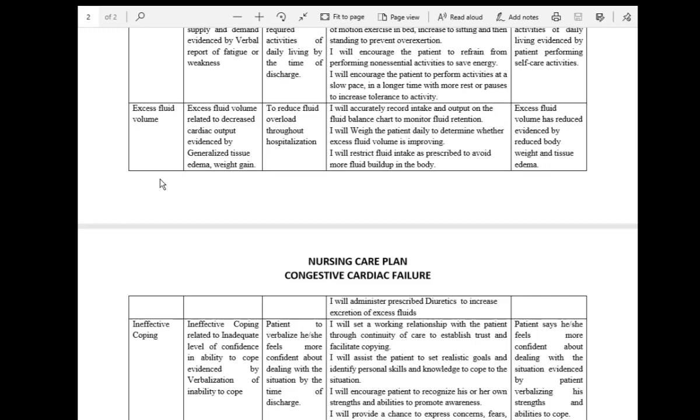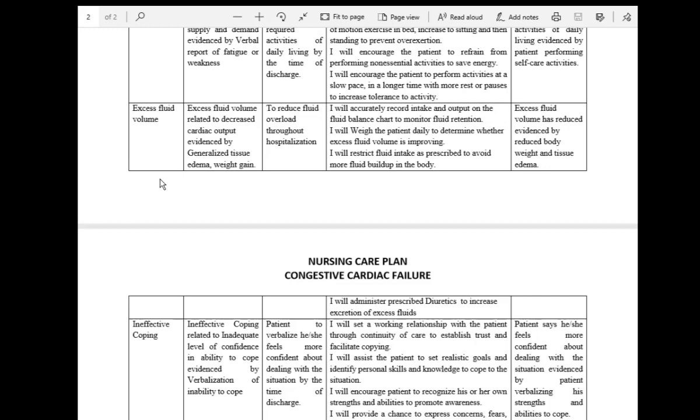The patient will have edema and they will gain weight. So what is our goal for this problem? Our goal is to reduce fluid overload throughout hospitalization. We want to reduce the fluid overload that is found in this patient.